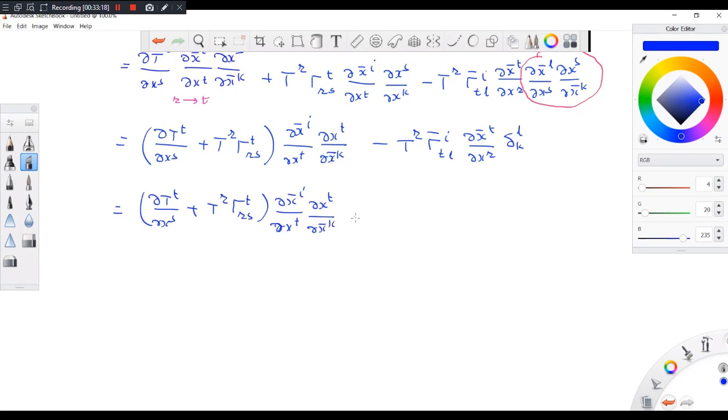Okay, so this minus TR into, now you may tell what is this quantity.